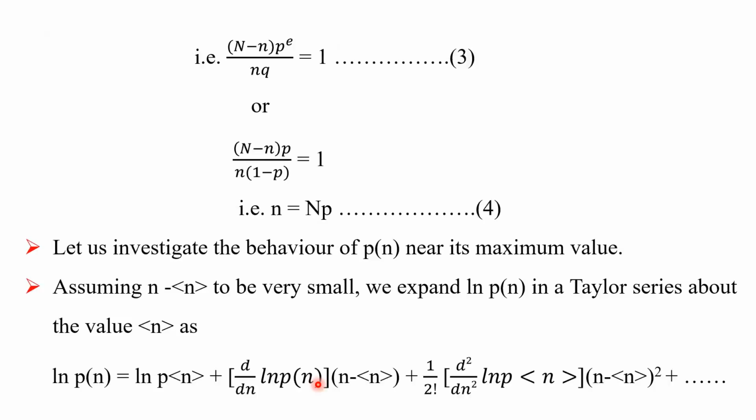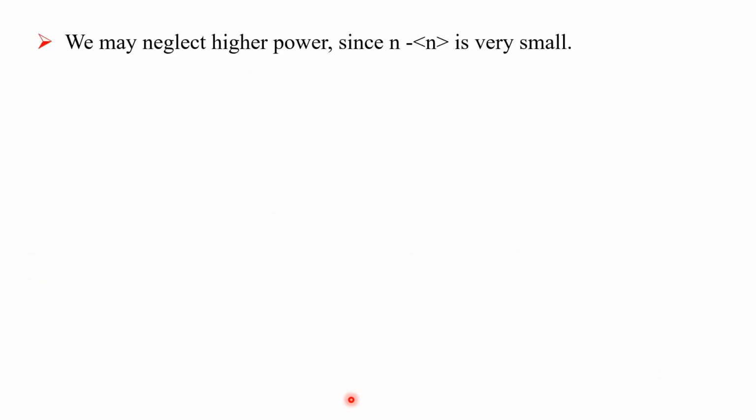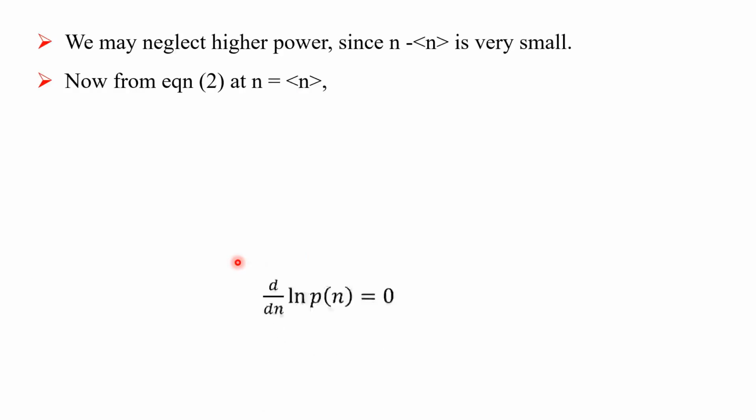In this Taylor series we have neglected the higher powers, because n minus mean value n is a very small value. Now from equation second, at n equal to mean value n, the first derivative of ln Pn is equal to 0.